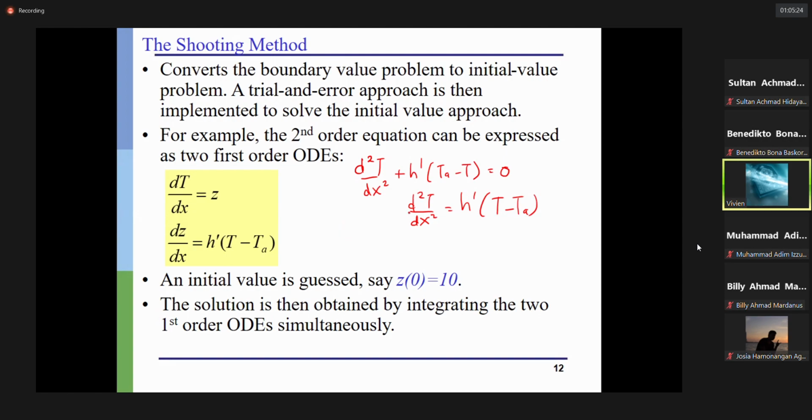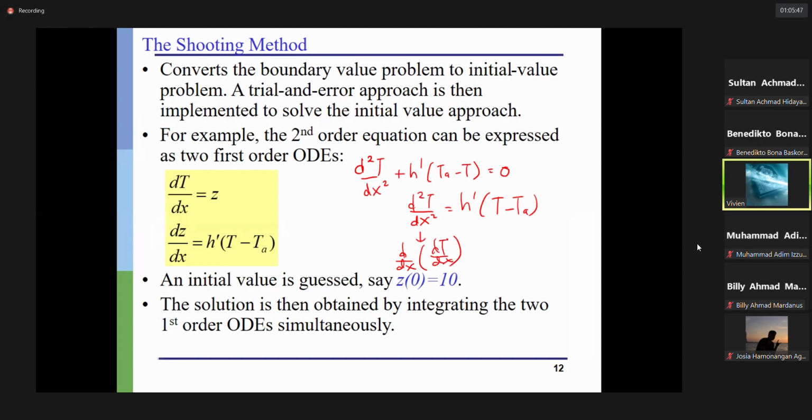Because we have a second order ODE and we want to solve it as an initial value problem, we have to decompose it into two first order ODEs. This is actually d/dx of dT/dx, so the second derivative is the derivative of the first derivative.